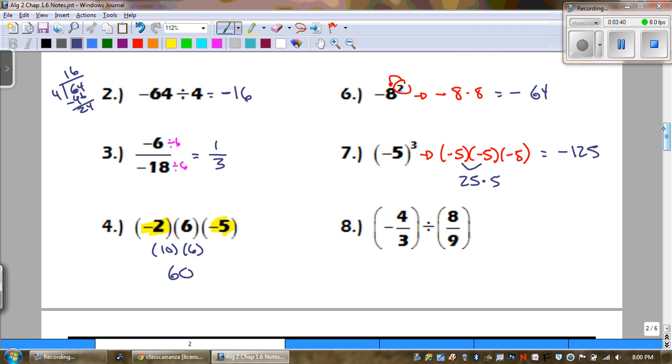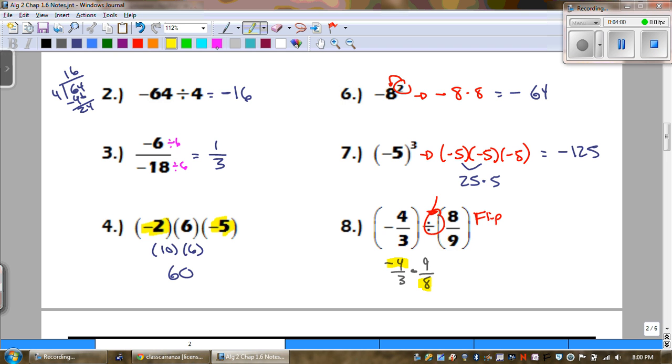All right, number 8. We're dividing fractions. Yucky. Whenever we see division, we're going to flip the second fraction. The -4/3 stays the same. We're changing that to multiplication by 9/8.